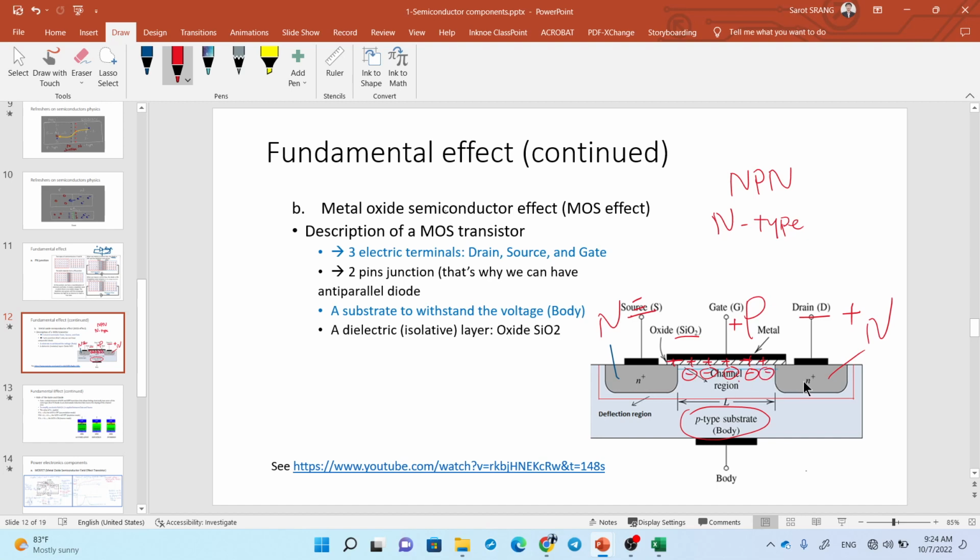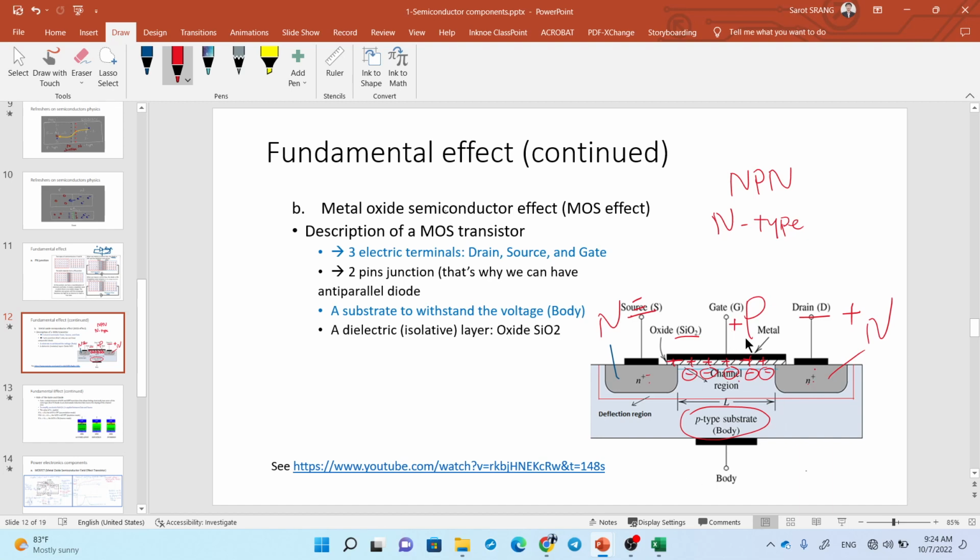Then it forms a bridge of electrons from this end to this end, right? This N plus means just excessive electrons. So it allows the conductivity of electricity from here to here, and allows current to flow.